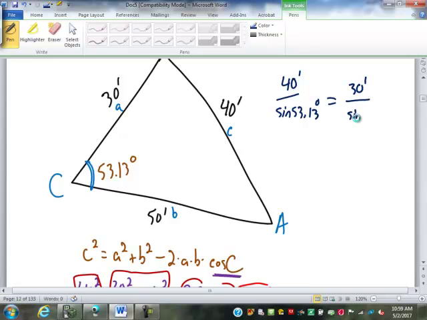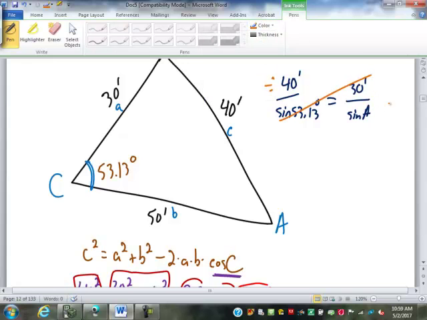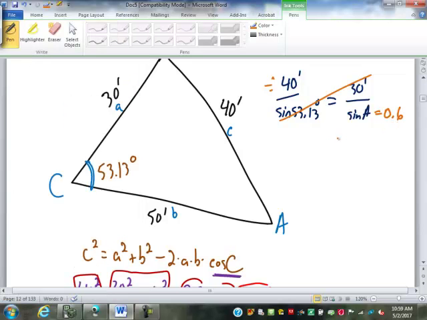So it's going to be across from sine of A. If I cross multiply and divide here, I get sine of 53.13 times 30 divided by 40. 0.6 again? So the inverse sine of 0.6 is what, 26.87 degrees?